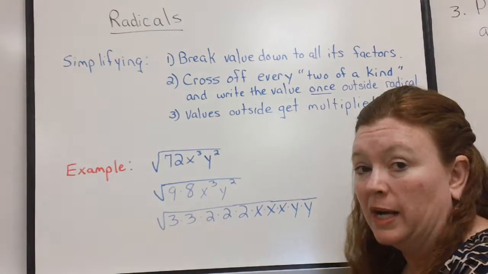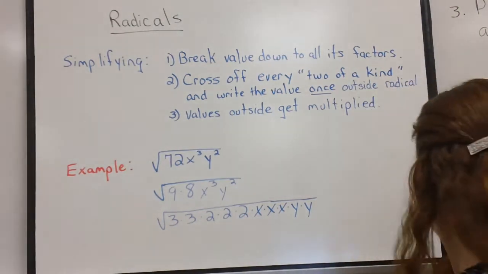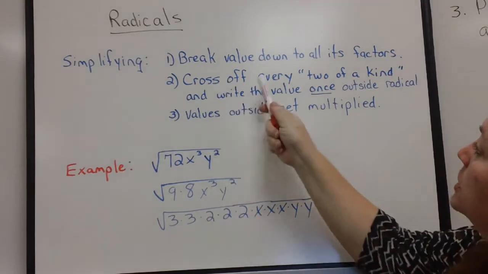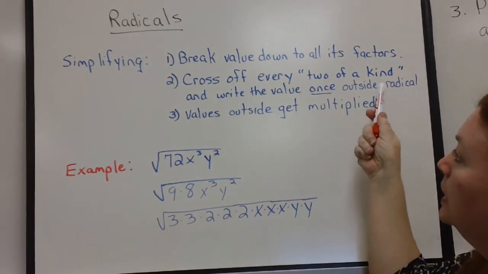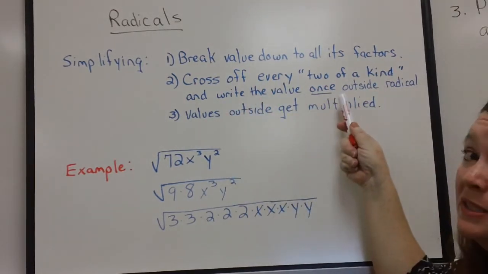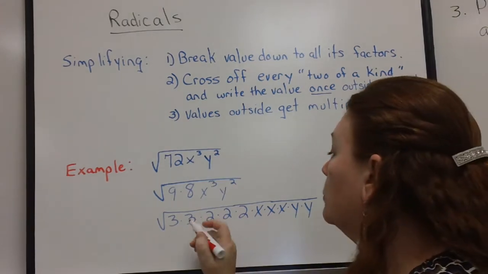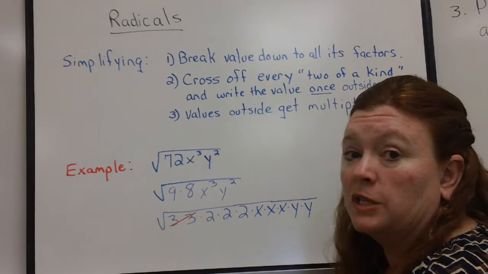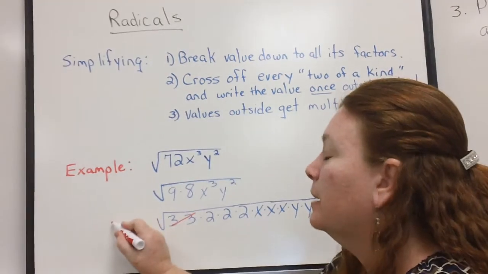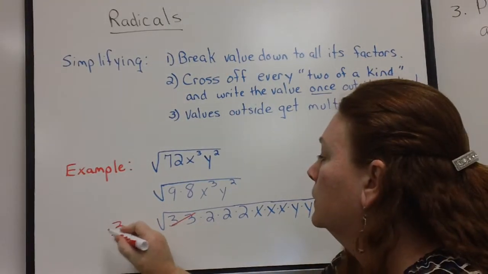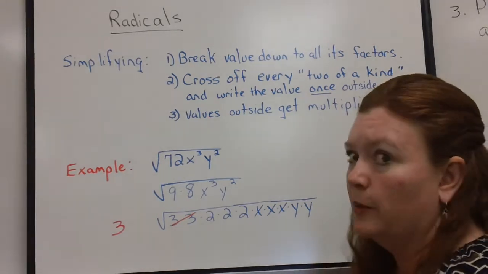Now, I have my values broken down into all of its factors, all the values that multiply to get me 72x cubed y squared. Now, step 2 says, cross off every 2 of a kind and write the value once outside the radical. Well, here's 2 of a kind, here's 2 3s. So I'm going to cross those off and write it once on the outside. I'm going to leave a little space in case I have more to write, which I know I do.